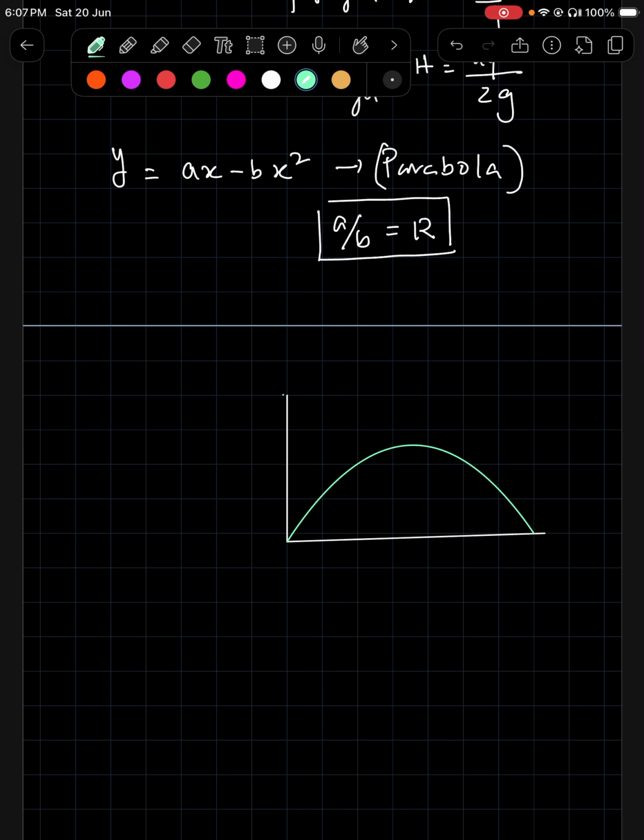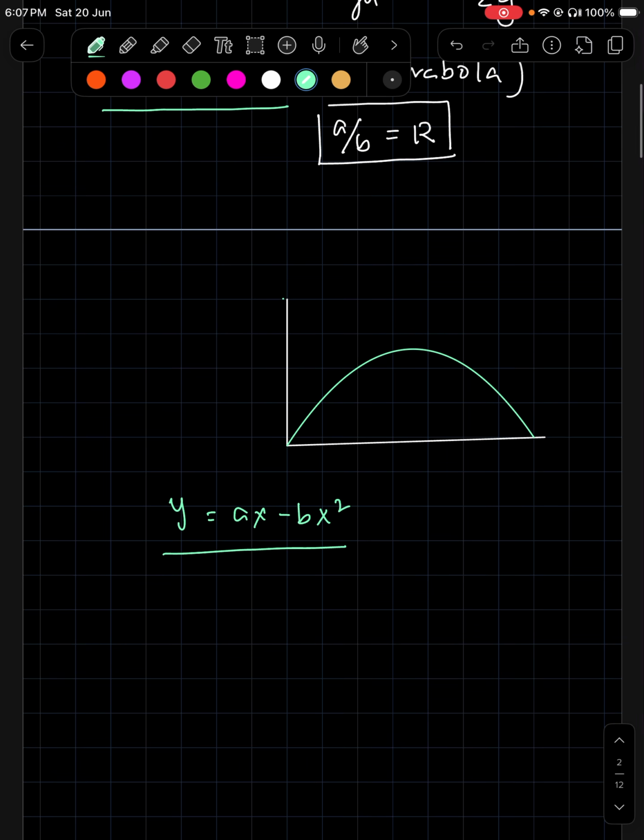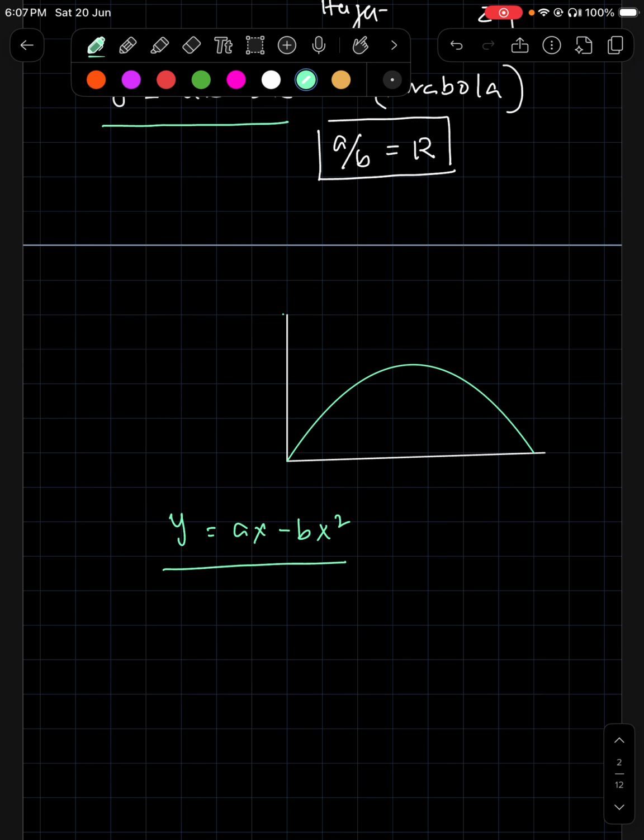It is easily visible from the equation of trajectory, y equal to ax minus bx square, that it is a quadratic equation in x. If I solve this equation, that is bx square minus ax plus y equal to 0, then we will have two roots, x1 and x2. And for both of these roots, we have the same y.